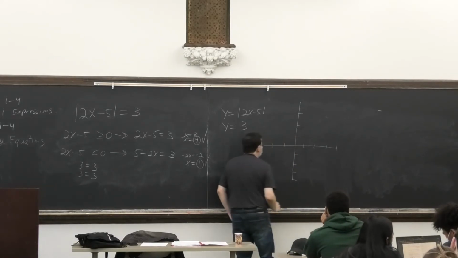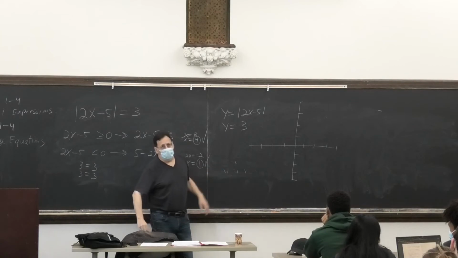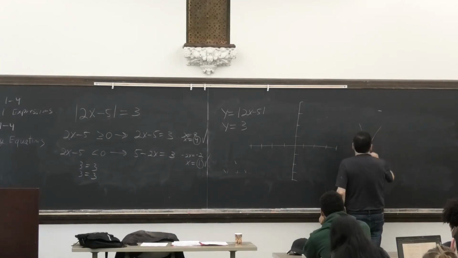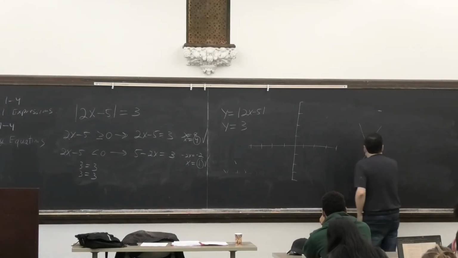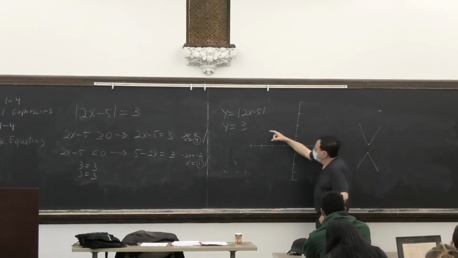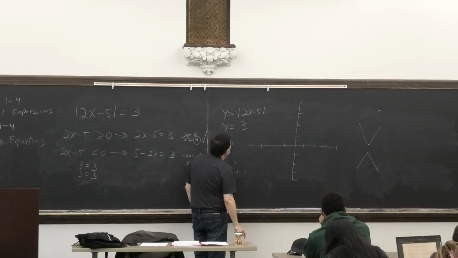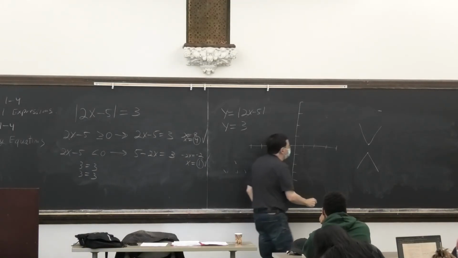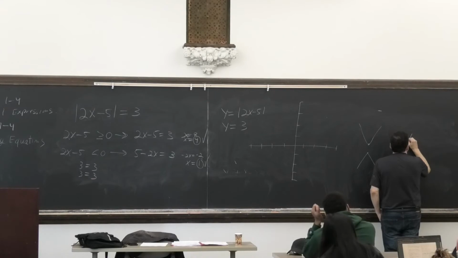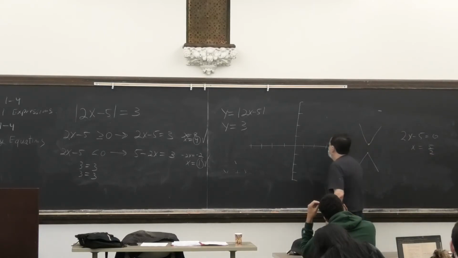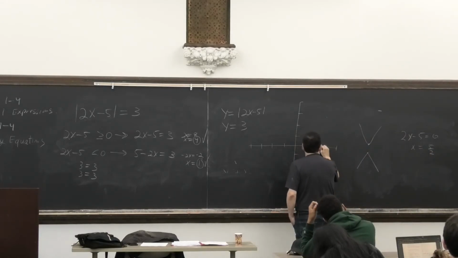Now, if you've graphed an absolute value before, you know it's going to look like this. And this point here is going to be where this is 0. So where is 2x minus 5 equal to 0? Where x equals 5 halves, so that's 2.5.